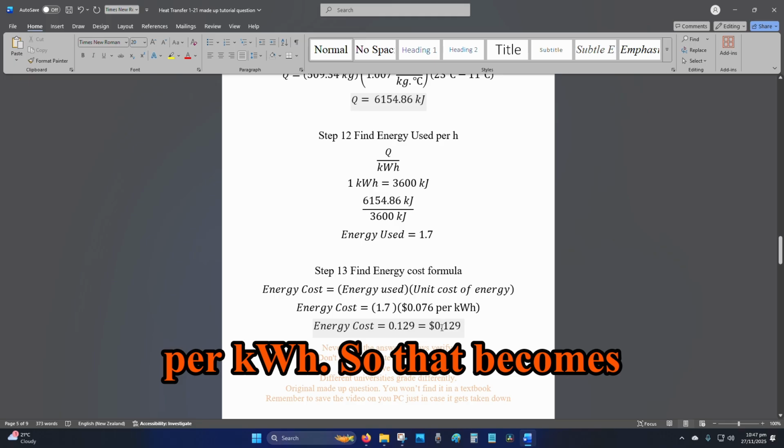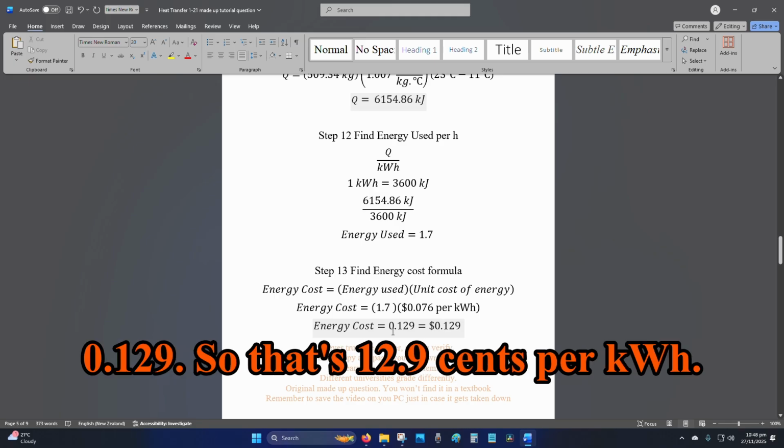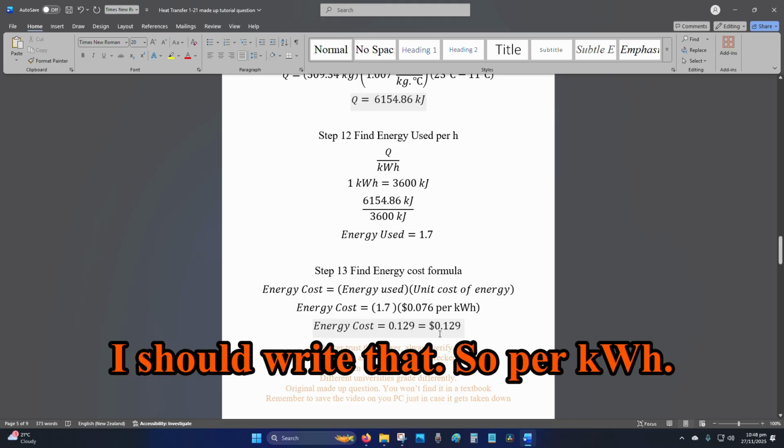So that becomes 0.129. So that's 12.9 cents per kilowatt hour. I should write that. So per kilowatt hour.